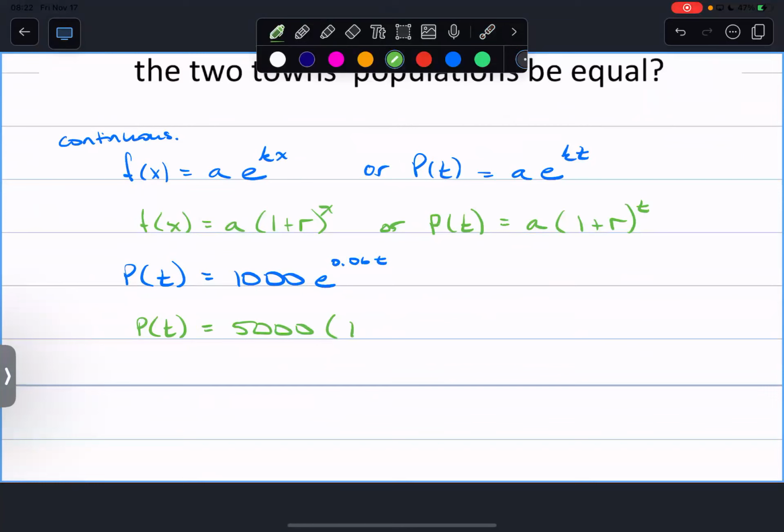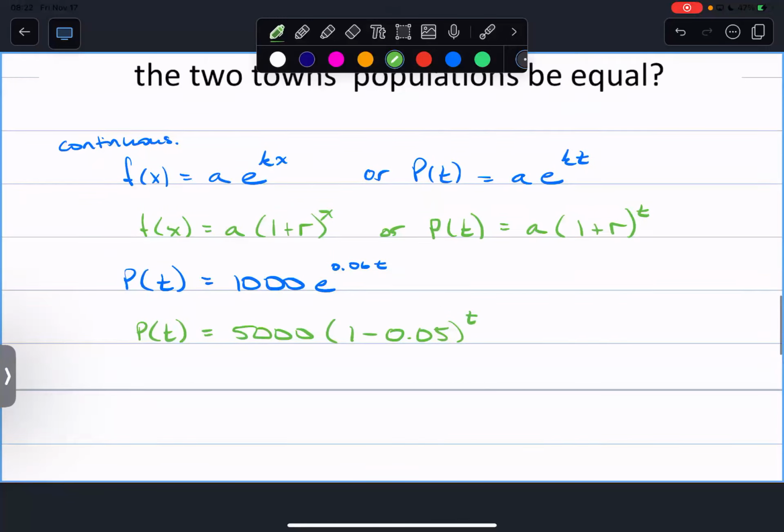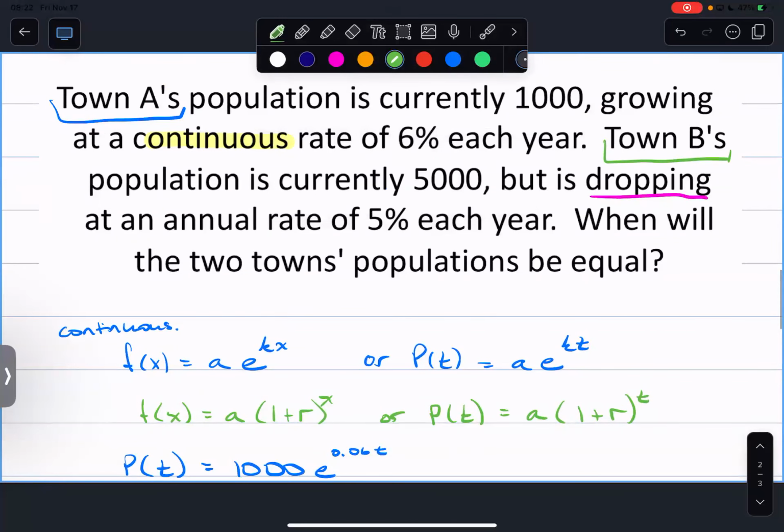And so then I have 1 minus 0.05 to the power of t. Did I mix those up? No, looks okay. Okay, nice. They're so similar.